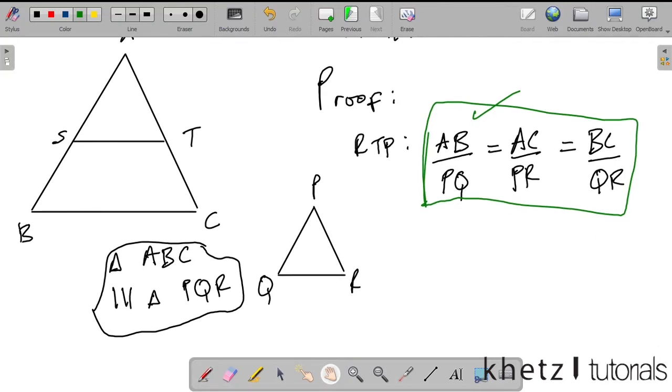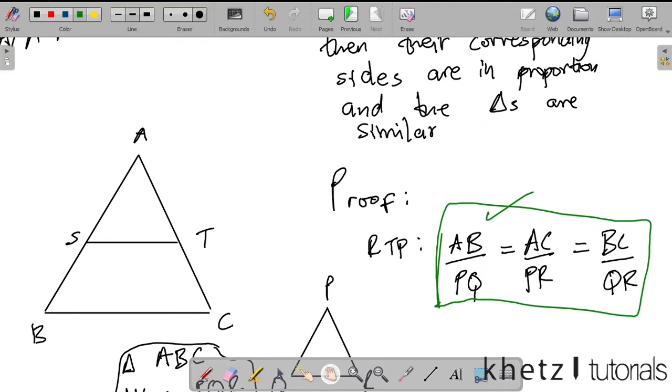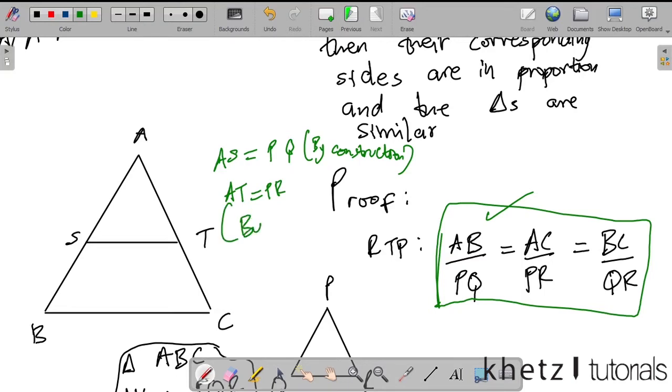We construct AS to be equal to PQ. So AS equals PQ by construction. And we also construct AT to be equal to PR, by construction. So we make some constructions to help us prove this.